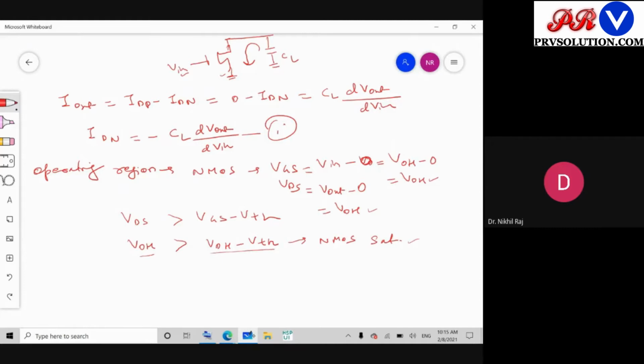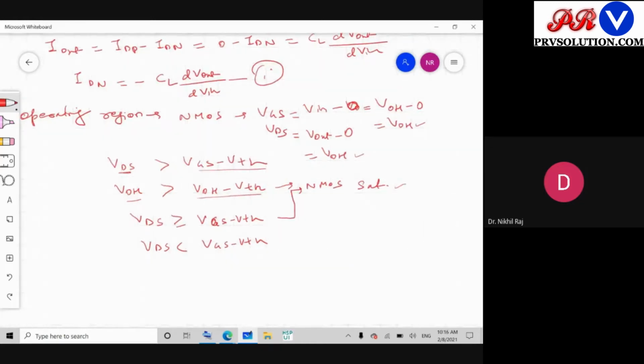Now once NMOS is in saturation, the question comes whether it will remain in saturation throughout. So what we check here is that it will remain in saturation until VDS becomes less than VGS minus VTH. This means as long as VDS is greater than or equal to VGS minus VTH, it will be in saturation. Once that fails, that is VDS becomes less than VGS minus VTH, it will enter the linear region.